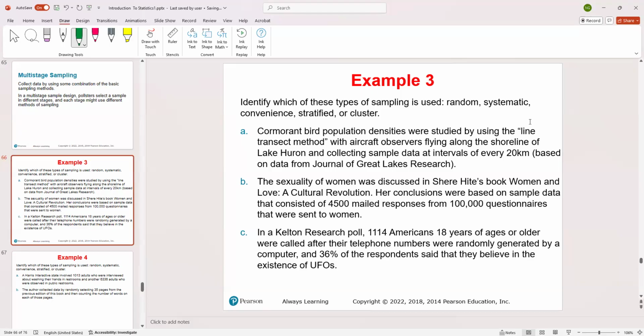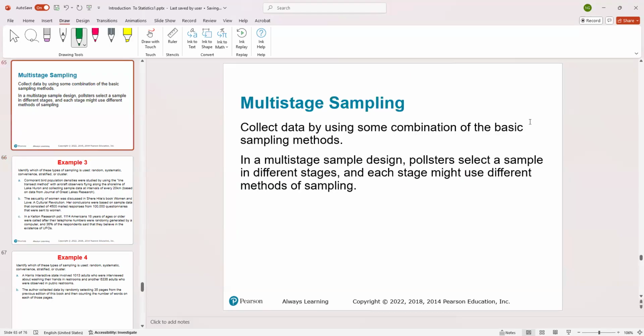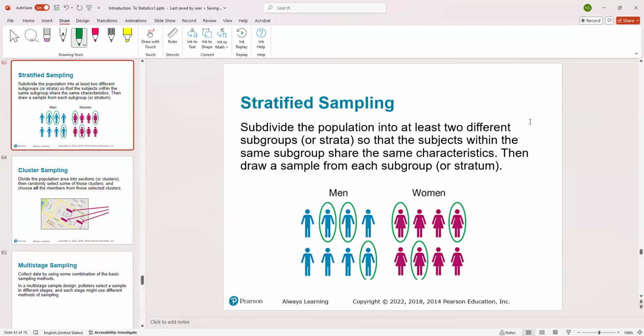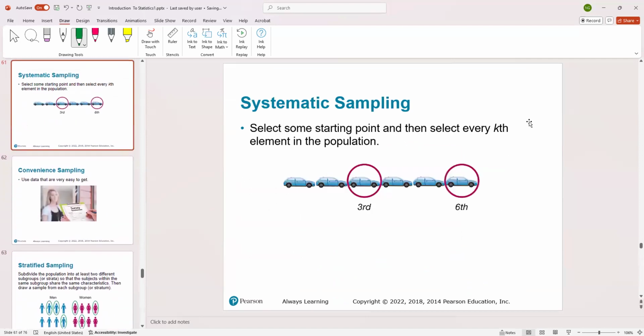In this case, because as you can see, these data are collected by sampling at intervals of every 20 kilometers, I believe systematic works better, because you could select some starting point and then select every kth element.